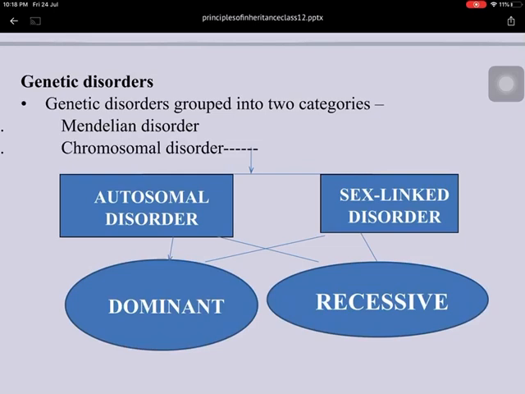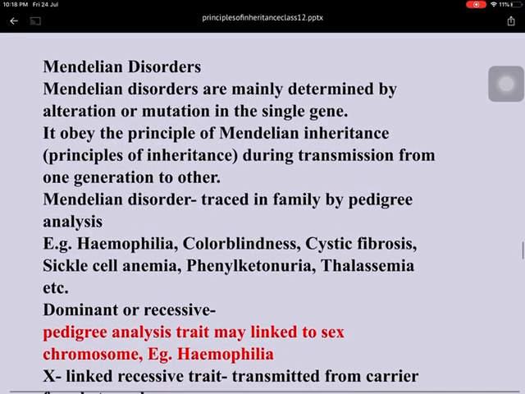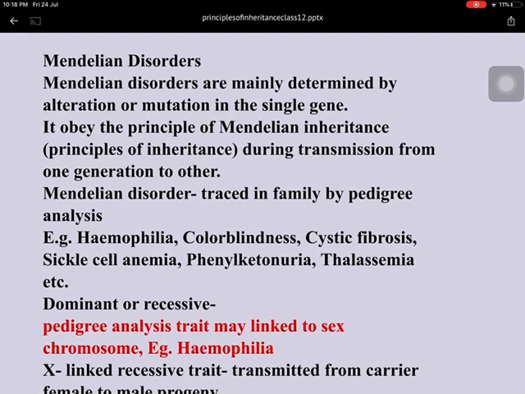Now as we talk about Mendelian disorder, what is it? Mendelian disorders are mainly determined by alteration. Alteration means a change or mutation in a single gene. That means maybe a deletion, maybe a substitution, maybe a point mutation, any cause if a mutation takes place in a single gene.